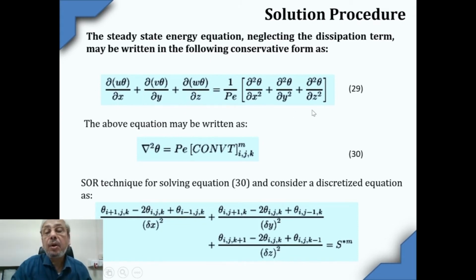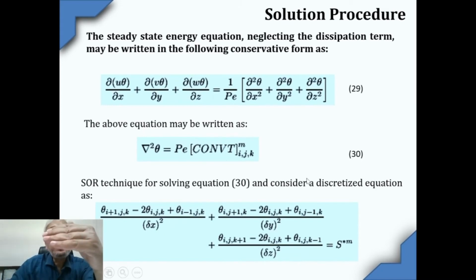So now we can write this equation as del square theta equal to Peclet number into convective terms. And we are solving the steady state energy equation, where you can see the unsteady term is dropped, because for a given velocity field, the energy equation will finally converge to a steady state temperature field.